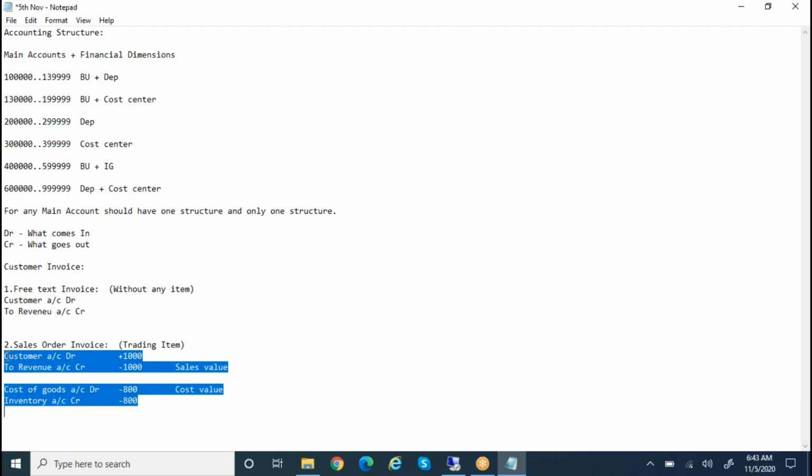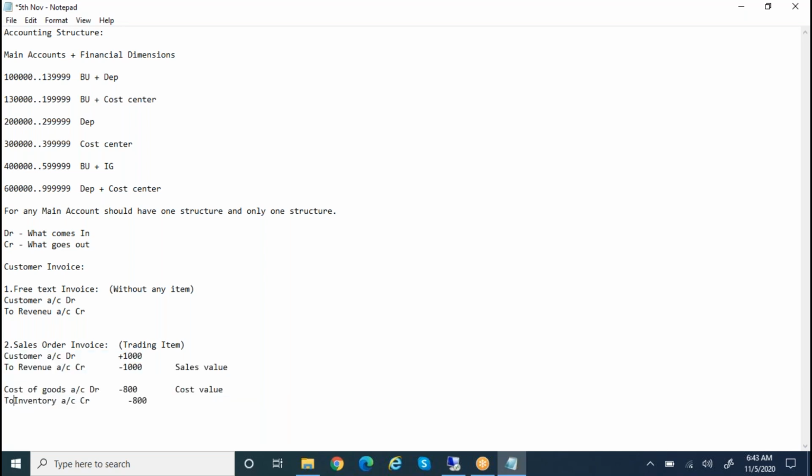Customer account debit to sales revenue account credit, that is revenue account credit, and cost of goods account debit to inventory issue account credit. Here 800 rupees worth of material is going out from your inventory. 1000 rupees you are receiving, that is debit.